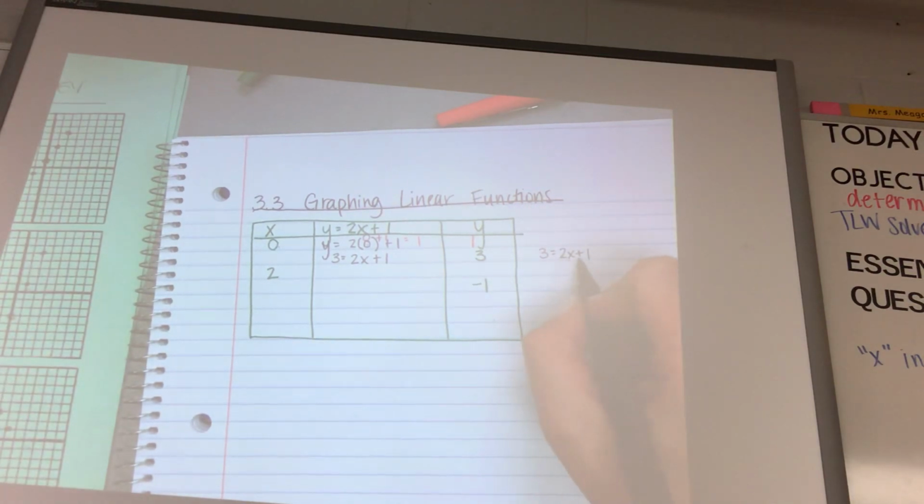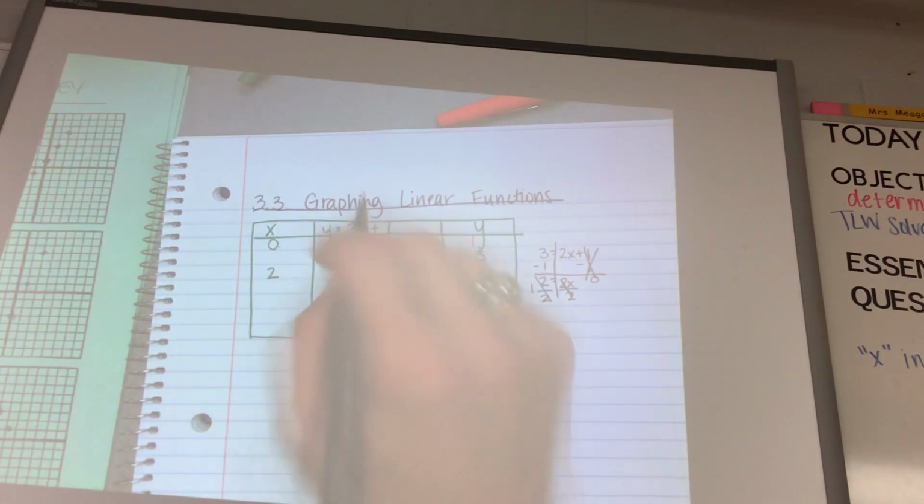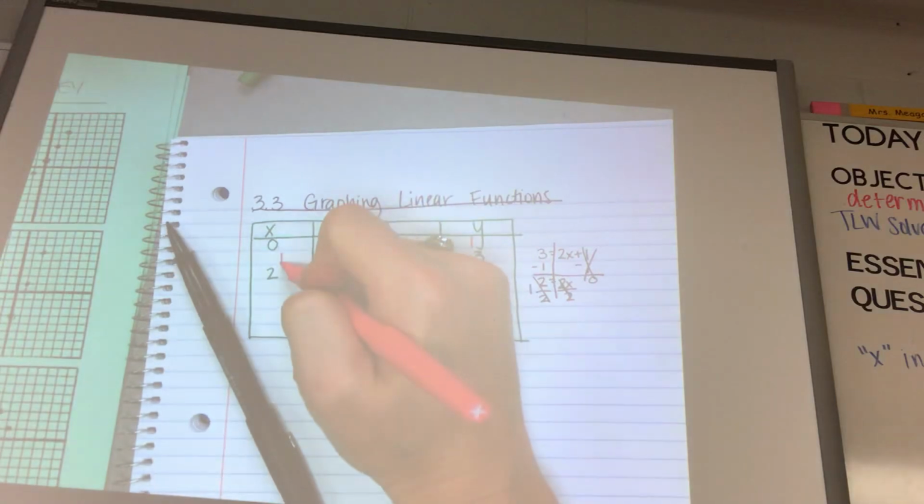We need to first get this plus 1 off, so we're going to subtract 1 from both sides. You get 2 equals 2x, because this zeroes out. And then we need to divide each side by 2, so we get 1. This cancels out, and it's 1. So when y is 3, x is 1. Okay? If you need to stop at any point, you can.